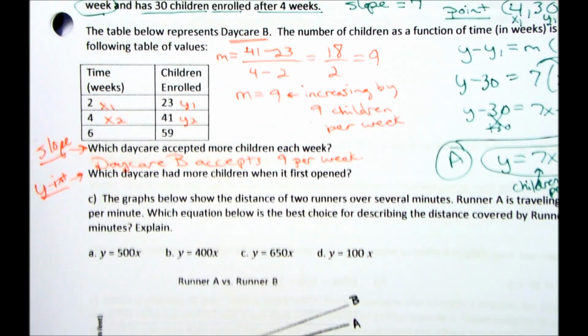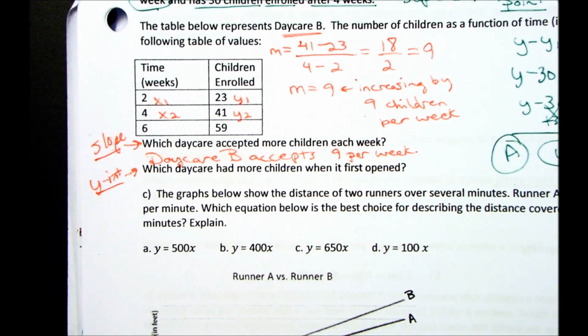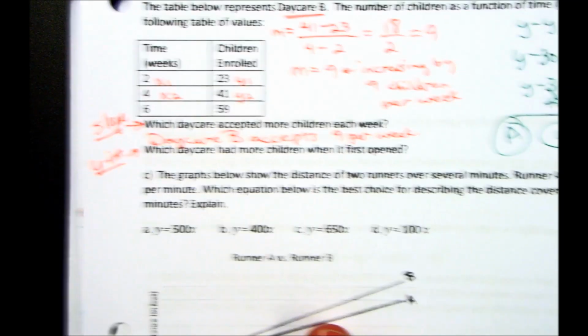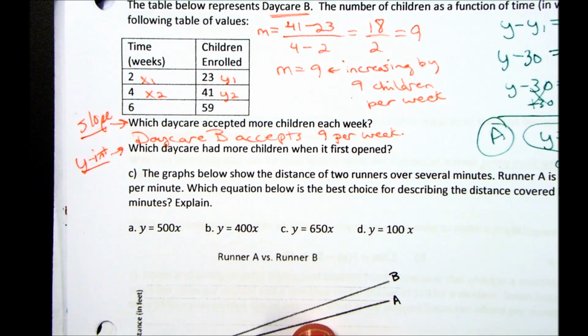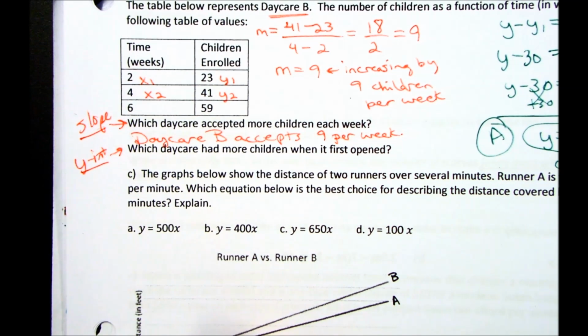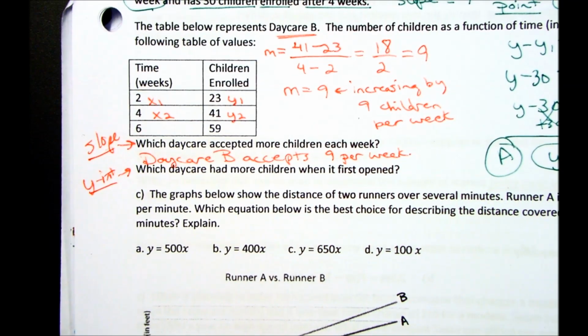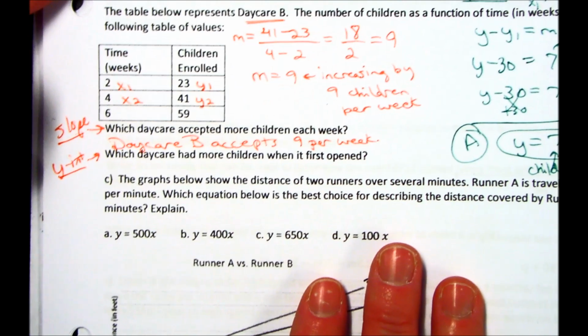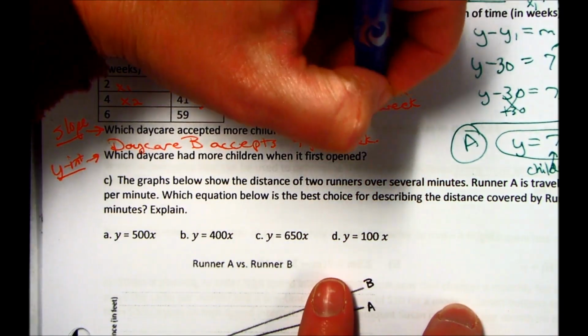Or we could use y equals mx plus b. I'm just going to show you a different way of finding the y-intercept. I've got to find some space here. I'm just going to try to squeeze it in here.